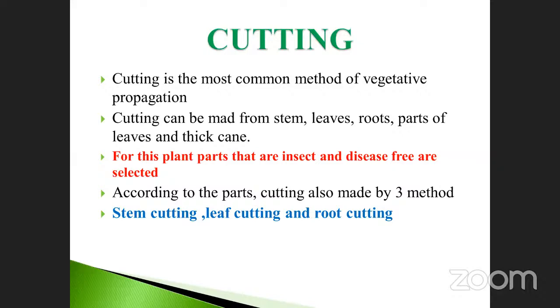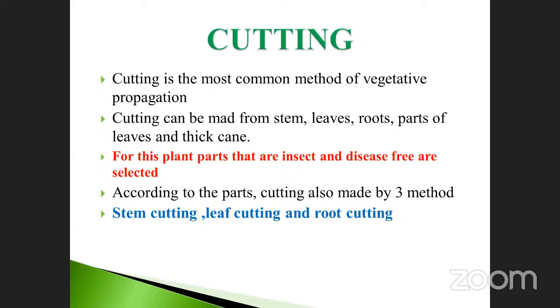The cutting can be made from the stem, leaves or roots, part of the leaves and thick cane. What is meant by cane? It is nothing but sugarcane. So the cutting may be made from a stem, leaves or roots, or part of the leaves, and thick canes are also used for cutting.